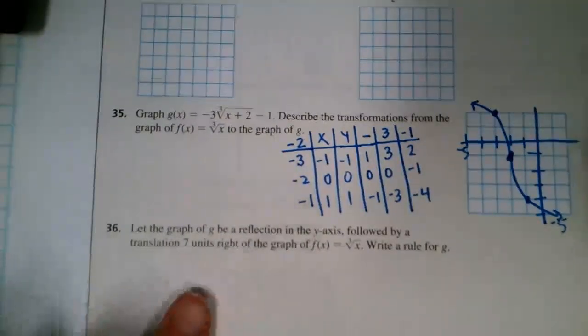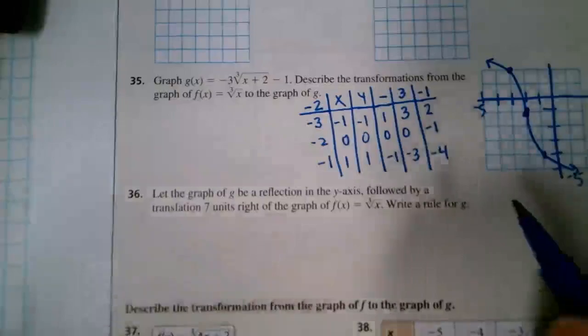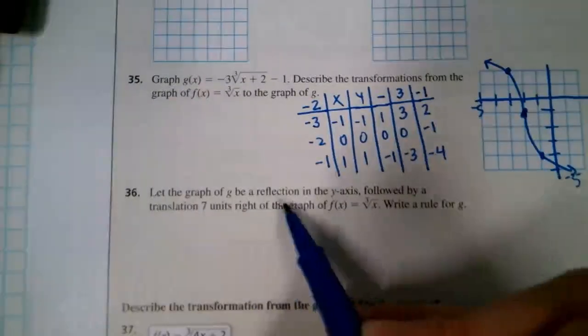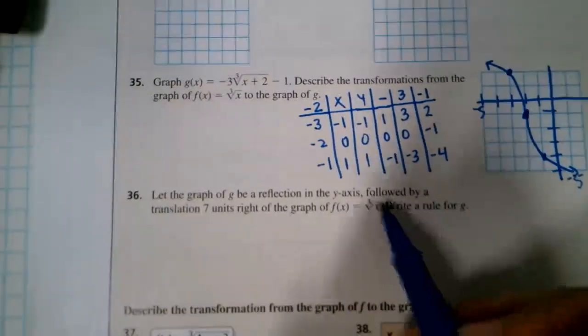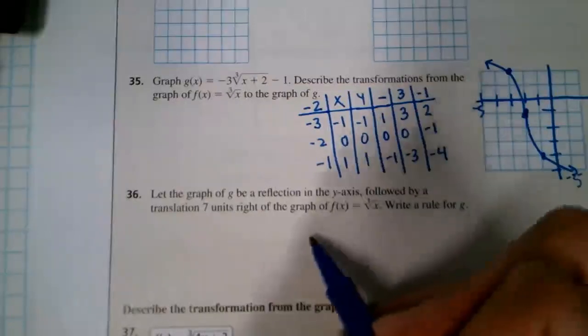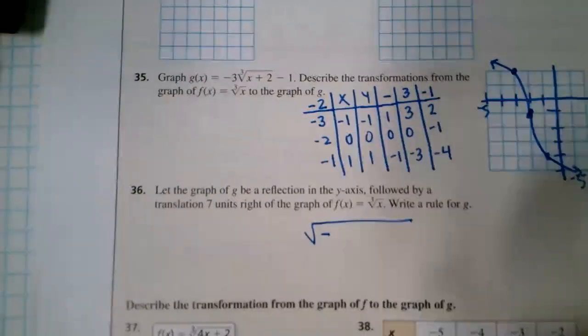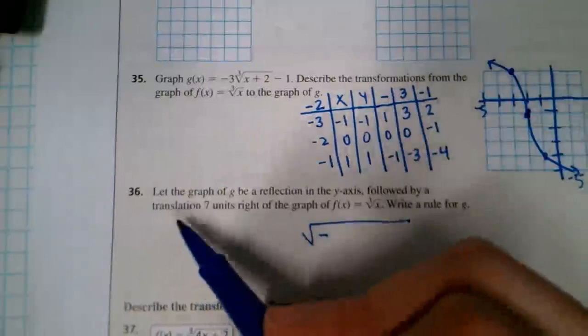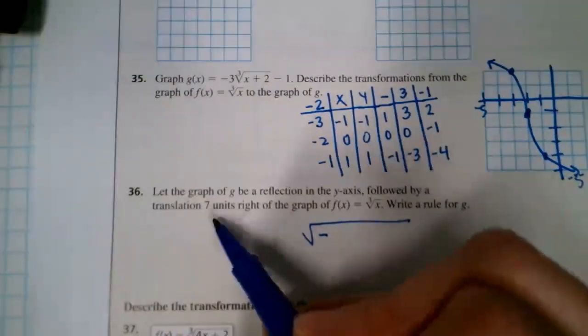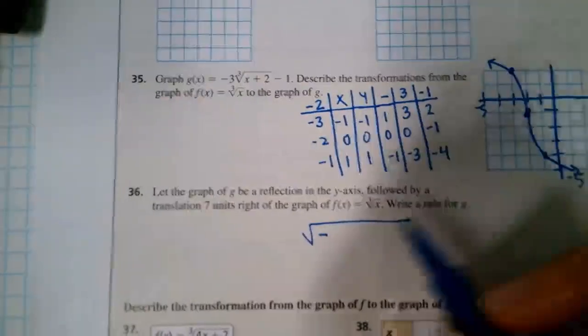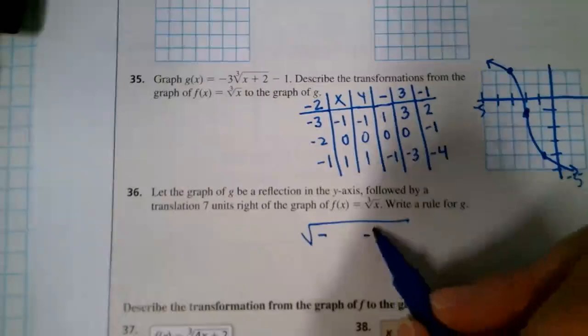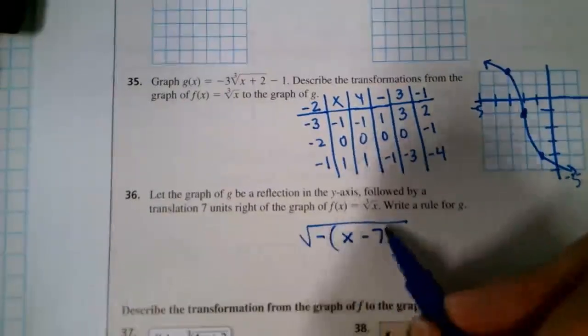Okay, I want to talk about number 36. It says, let the graph of G be a reflection in the y-axis. So y-axis tells me I have a negative on the inside, followed by a translation, 7 units right. So 7 units right means I'm going to be subtracting 7.